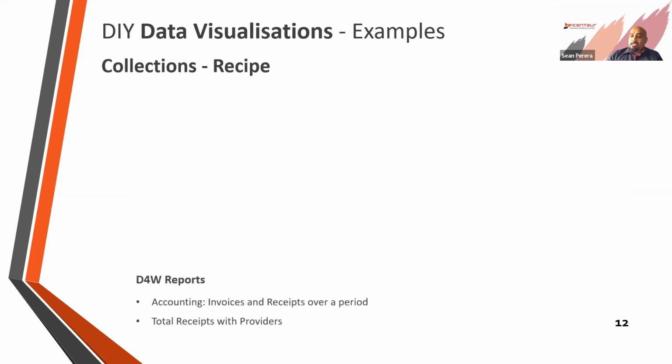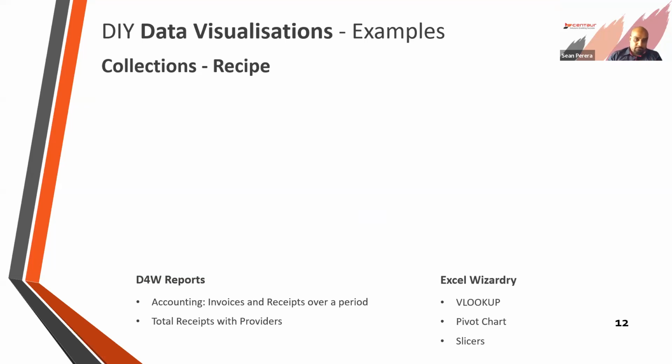The first one is Dental for Windows reports. For this, we are going to use accounting, invoices and receipts over a period, and total receipts with providers. From the Excel side, we are going to use VLOOKUPs, a pivot chart, and one more feature called slicers.